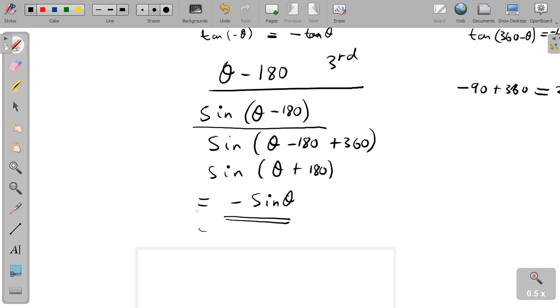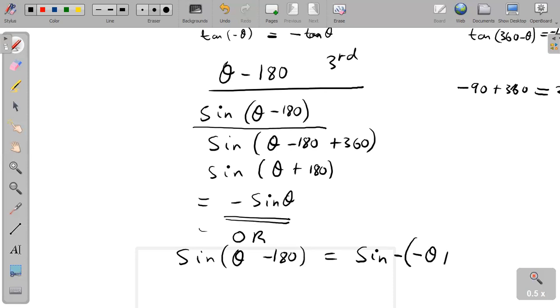Method two, what can we do? Alternatively, we can just take our sine of theta minus 180. Then we factor out the negative. So we have sine of negative factor of minus theta plus 180 degrees. In factoring out the negative, how can we know that we've done the correct thing?